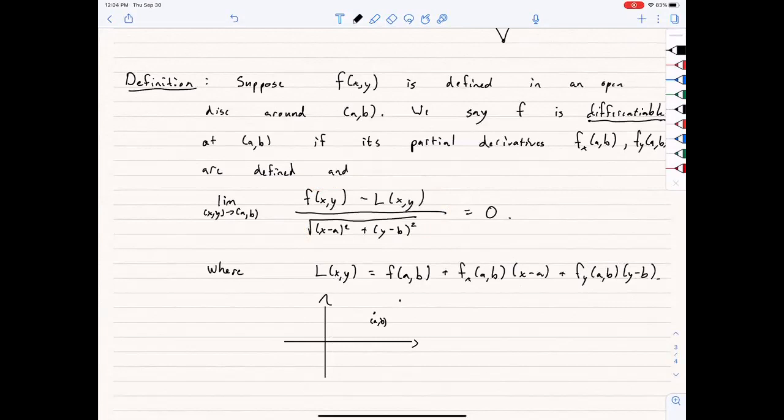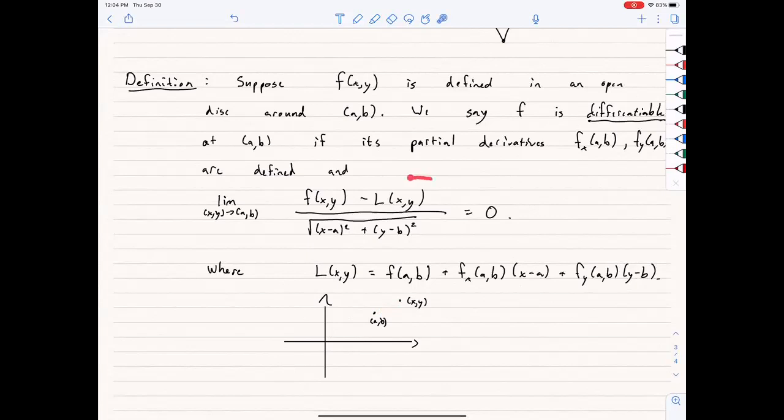Right, so I've got a point (a, b). That's the point that I'm asking whether the function is differentiable at. And then I've got some point in a neighborhood, let's just think of it as a point in the plane. This denominator is giving us the distance between these two points. Now, what is the numerator? The numerator is like your error term.